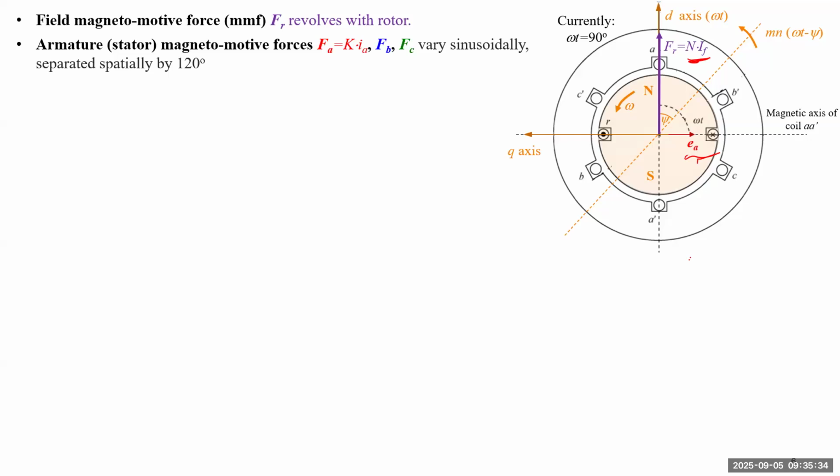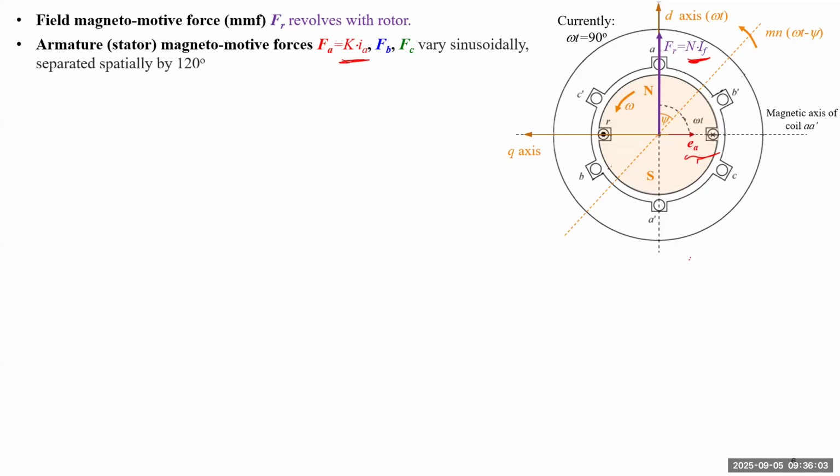But for the armature winding, the magnetomotive force is a little bit tricky because we have 3 such windings, and each current is alternating. It's not constant current. So if we use the instantaneous value and pick a winding A, assume each winding has K turns, so we have K multiplied by the instantaneous current iA.